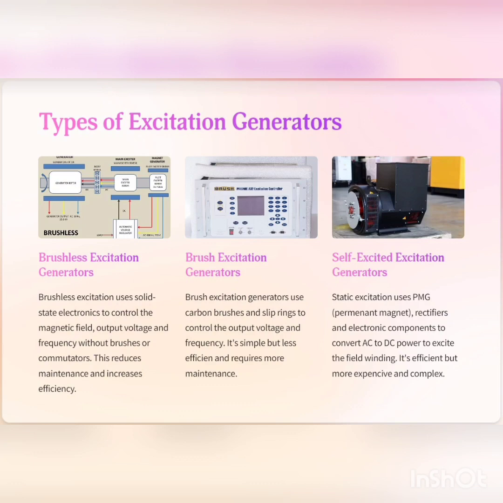Self-excited excitation generators use methods such as permanent magnet or PMG to convert AC to DC power. It is more efficient but more expensive and complex to maintain. I will pass the next slide to my colleague for further elaboration on the topics.